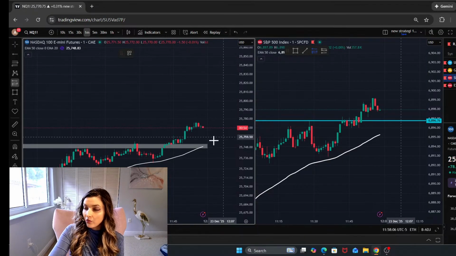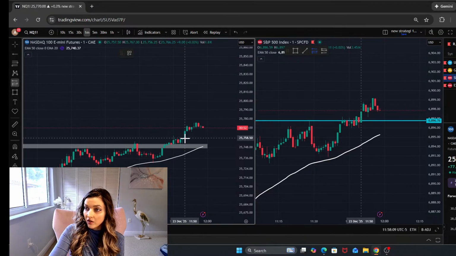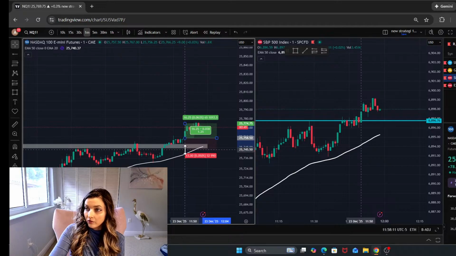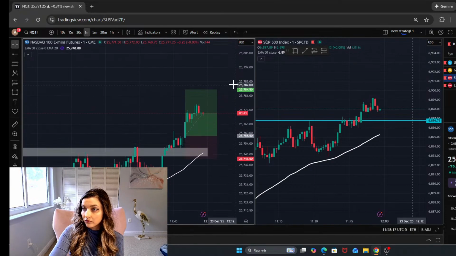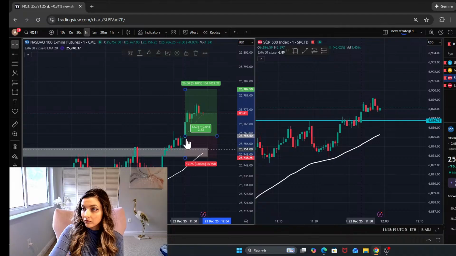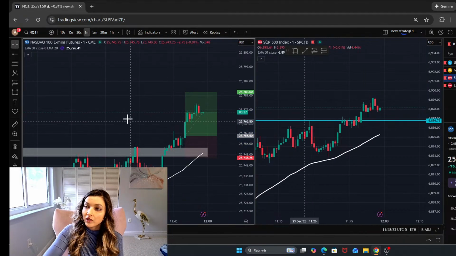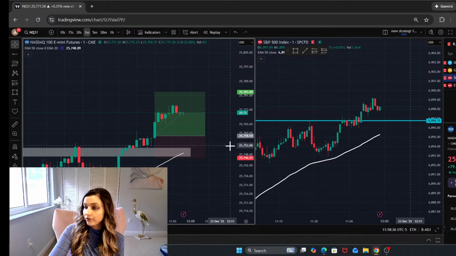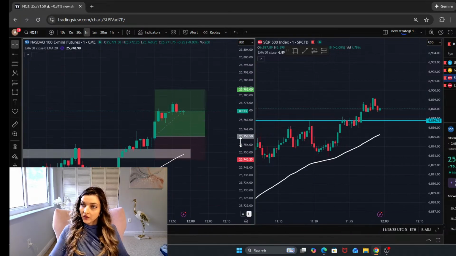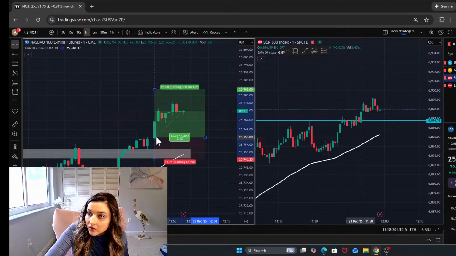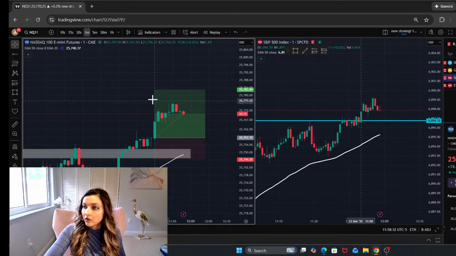So the entry will be the retest right here. Let's see if it gets to 2. I'm curious if it's going to go. It's supposed to be at the open of this.